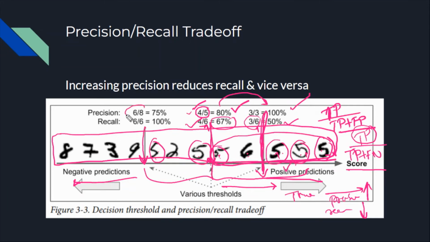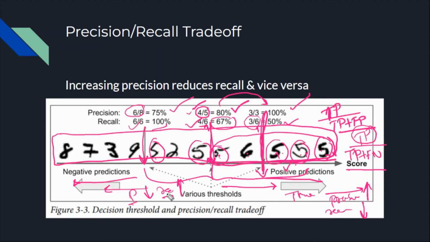So it becomes 6 by 8, that is 75%, and my recall is definitely 6 by 6, that is 100%. So when my threshold gets lower, my precision decreases and my recall increases, right? This is the trade-off between precision and recall.